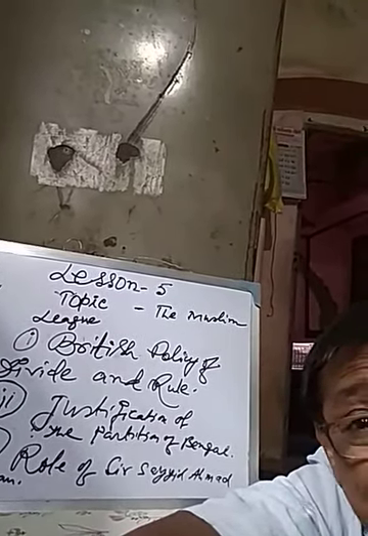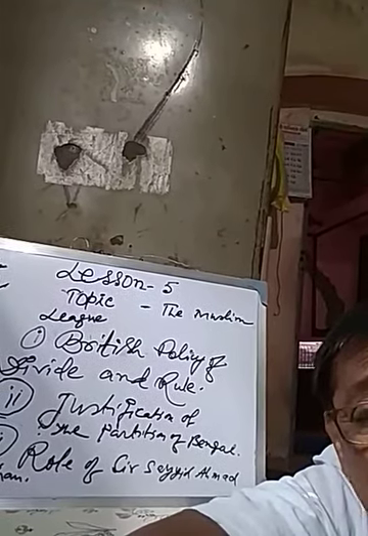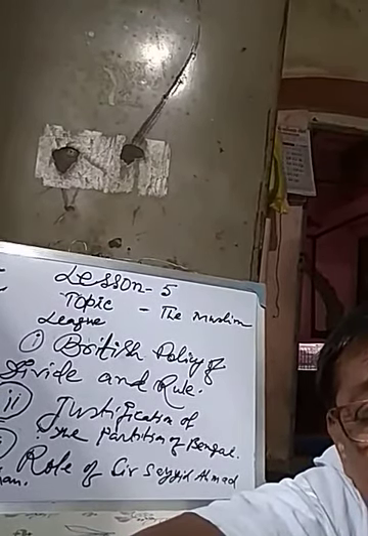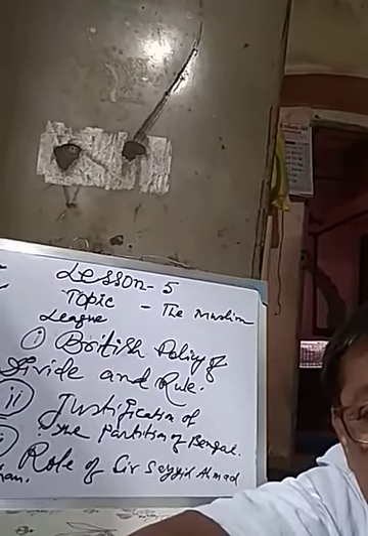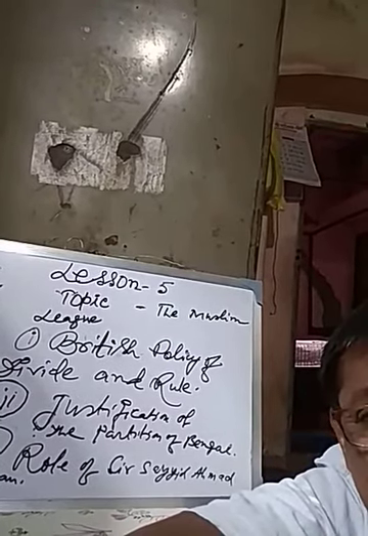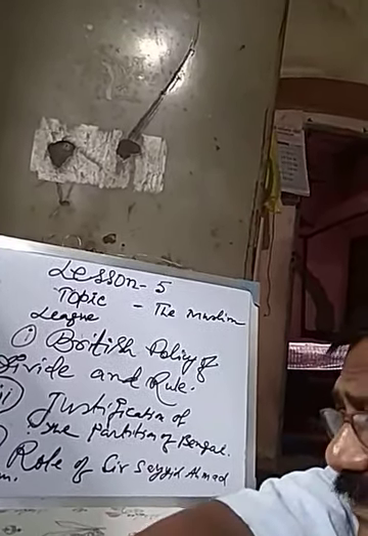It was the main intention of Lord Curzon to weaken the unity between the Hindus and Muslims. That's why the partition plan was adopted and implemented.